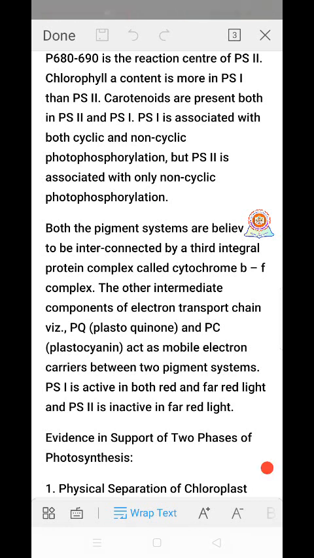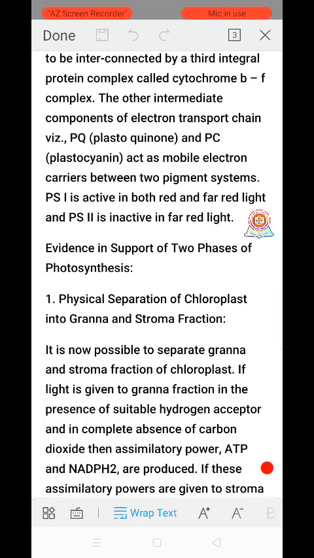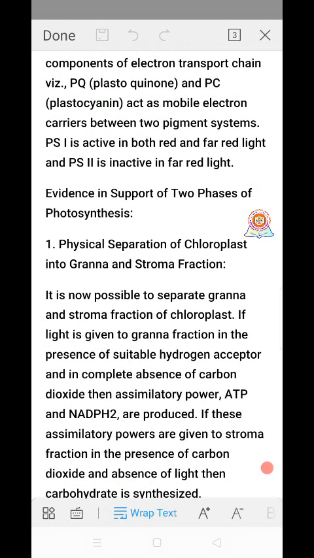Evidence in support of two phases of photosynthesis. First, physical separation of chloroplast into grana and stroma fractions. It is now possible to separate the grana and stroma fractions of chloroplast.